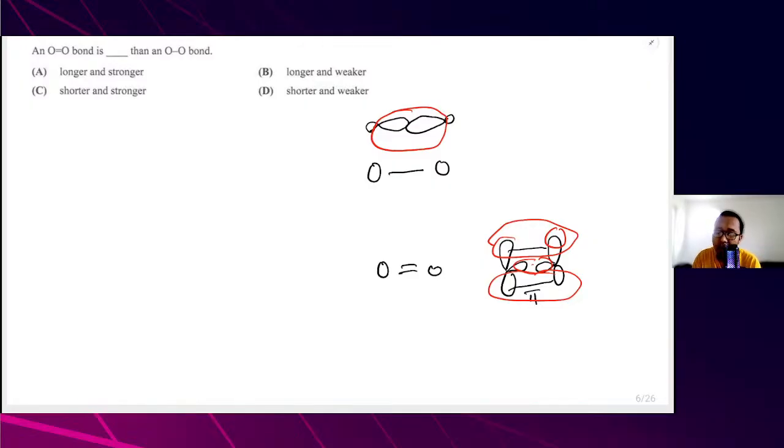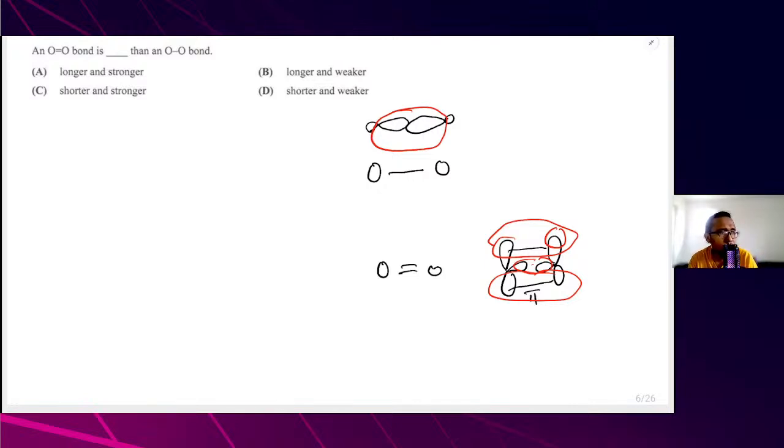How about shorter or longer? What is not immediately obvious from this is that double bonds are shorter than single bonds.